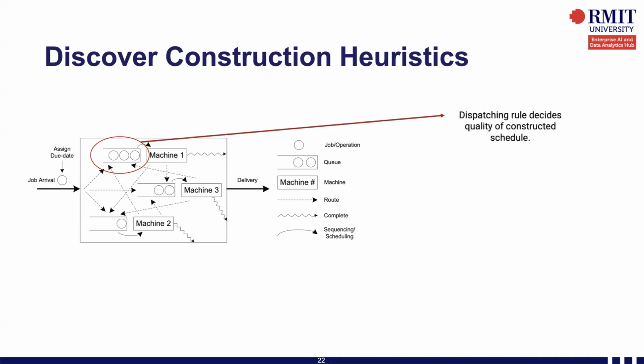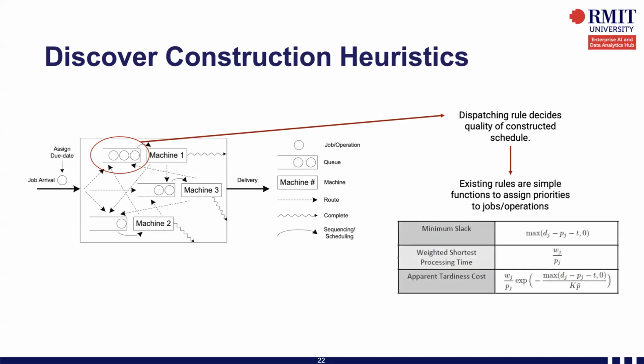To make that decision, we need to come up with some kind of dispatching rule. The dispatching rule basically tells us, okay, we have three jobs, which job from 1 to 3 I need to process first. And depending on how I decide, it's going to impact the quality of my schedule.